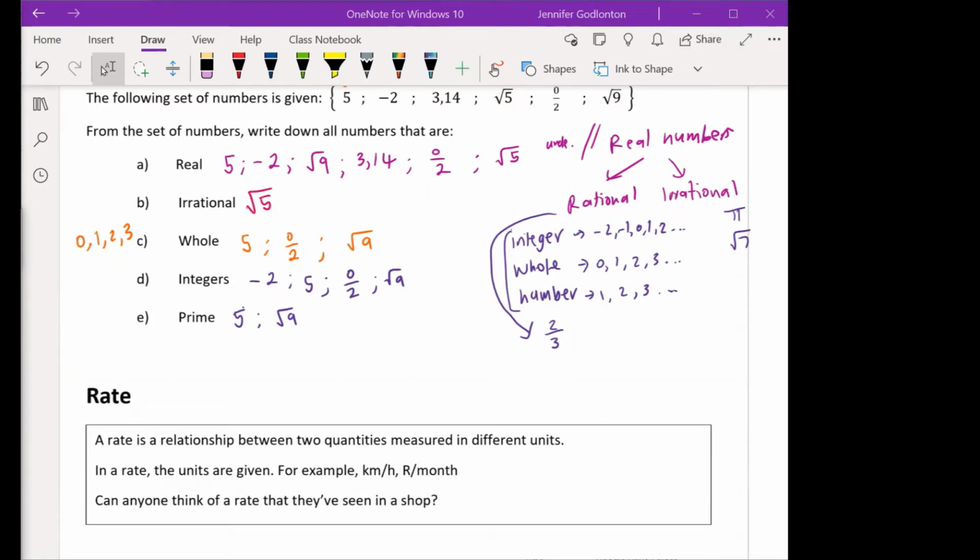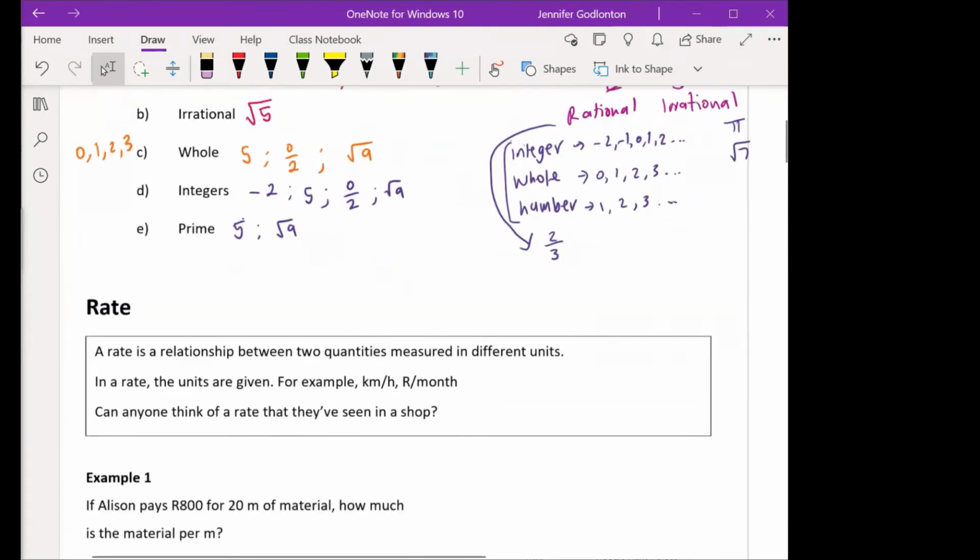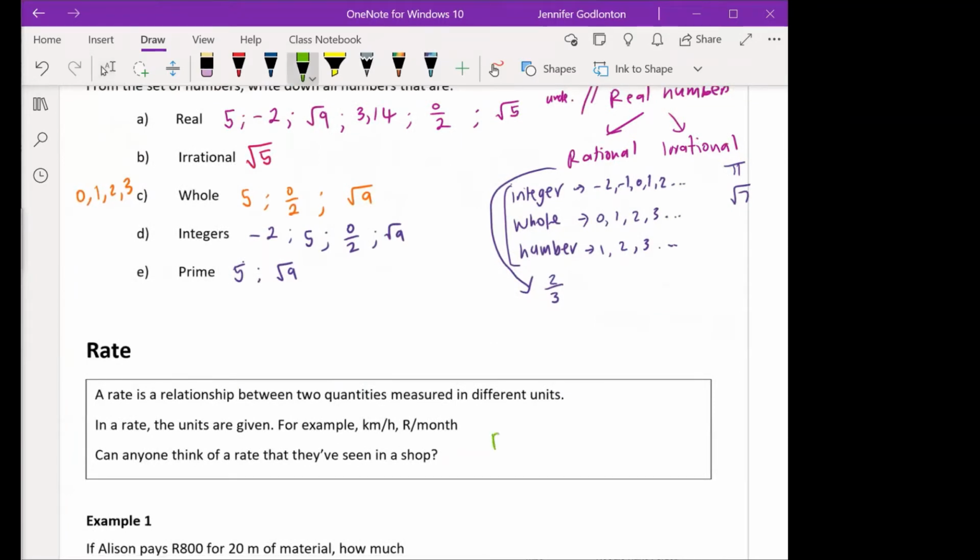Kilometers per hour on the speedometer, absolutely clear. That's definitely a rate. Good. Can anyone think of something in a grocery store? Kilograms, yeah. Good, Tashwin, you can have rands per something. So when you go to a shop and they're talking about oranges, they could say it's going to be 23 Rand and 15 cents per kilogram.